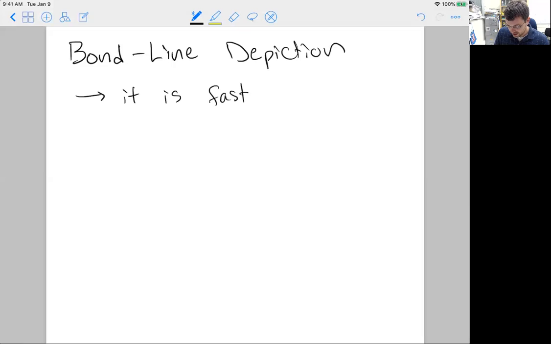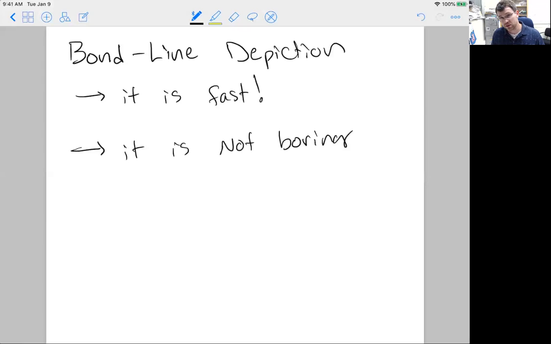So drawing them, the bond line depiction is fast. Additionally, I believe it is not boring. It was just so boring to write C's and H's when we were looking at ethanol and octane. So it is not boring. My students have told me it's not boring. It's just less boring. Whatever. Okay. To each their own.